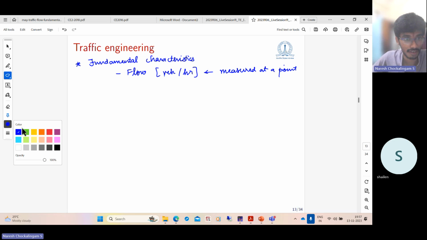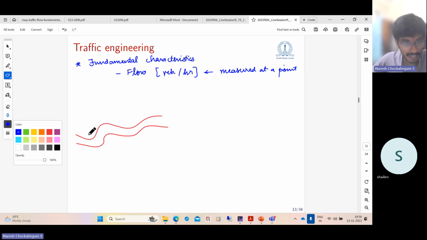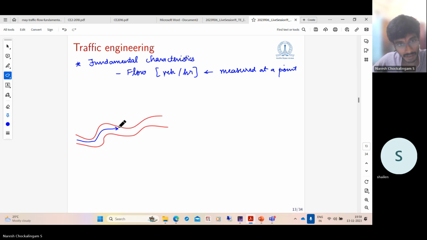If you have a road, and you measure the distance along the road by x and the time as t, then we have two independent variables with respect to traffic flow. Similar to fluid mechanics, you have two independent variables because conditions on the road change with space and with time.